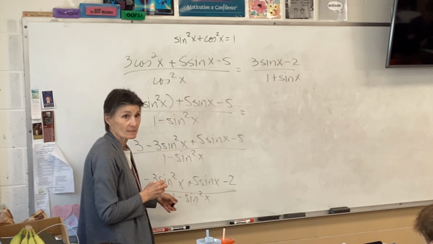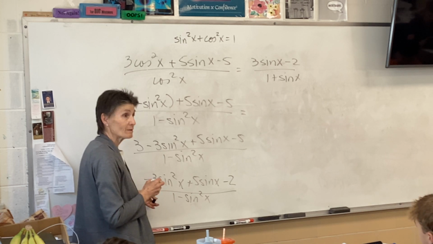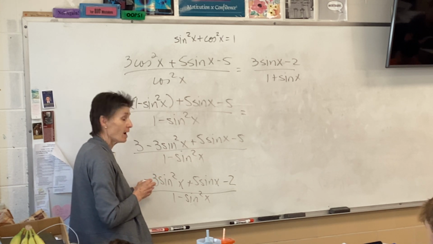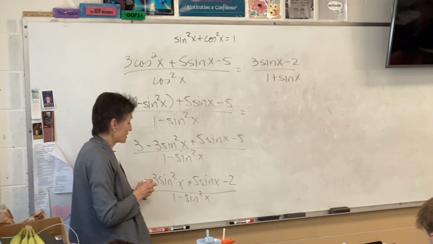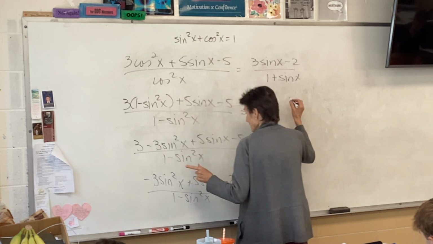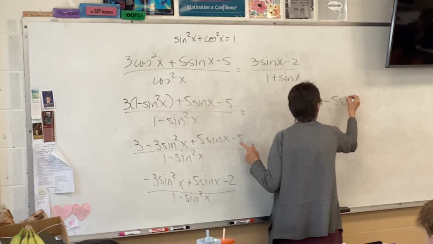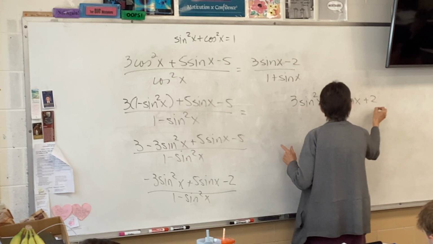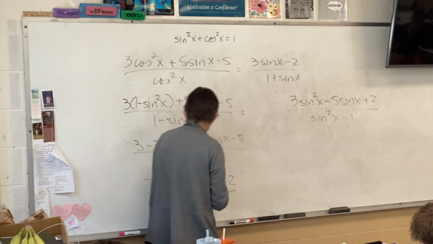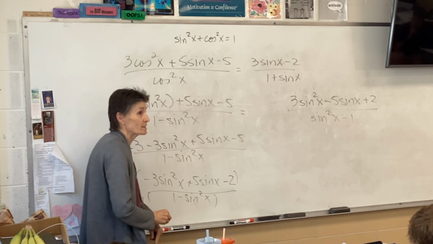And how do we get rid of things? We cancel. So let's see if we can factor. I had somebody in here this morning having a really hard time factoring this because of that negative out there. So it's okay, get rid of it. But if you get rid of the negative on the top, you also have to get rid of the negative on the bottom. It's like multiplying top and bottom by -1. Is that legit? Yeah, but you have to do it to top and bottom.